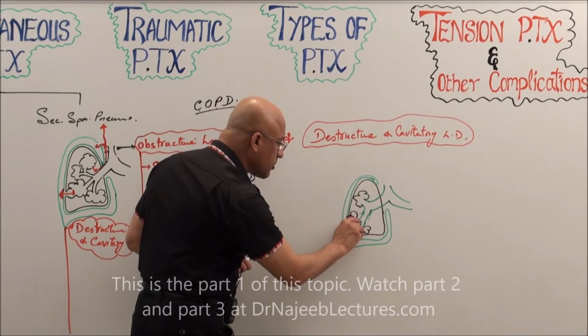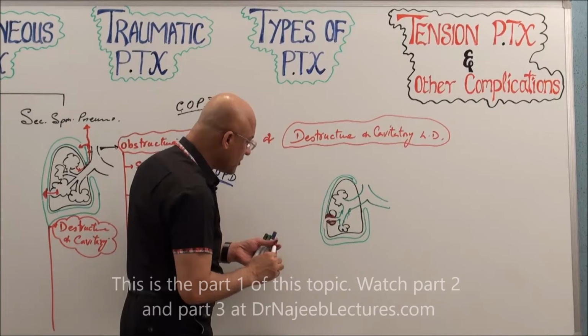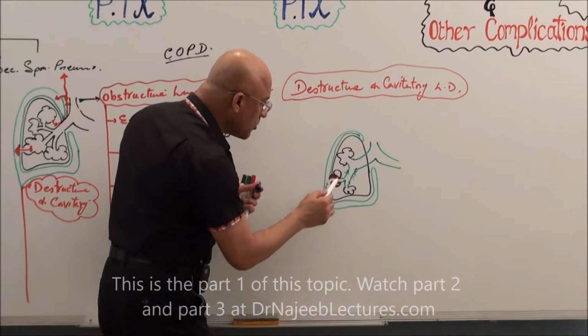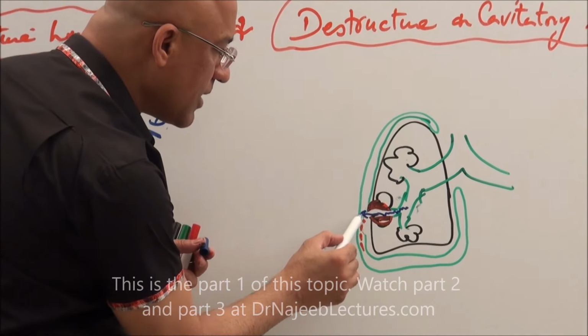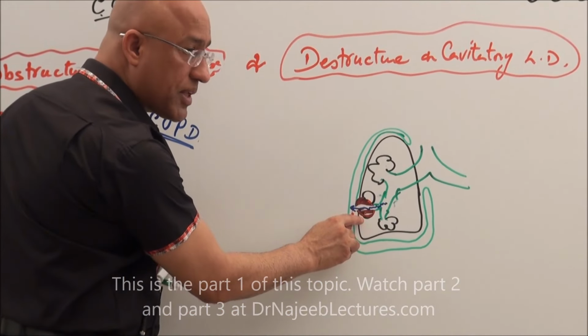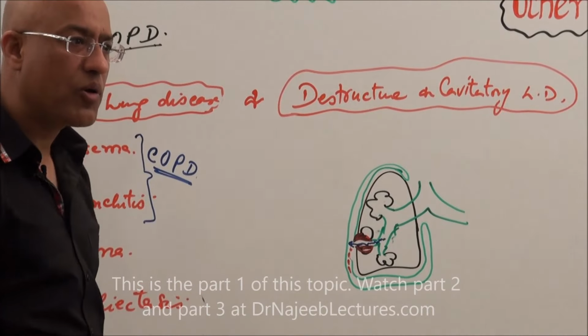If this abscess ruptures and drains into the pleura, then air can move from the bronchus, from the airway, passing through the pathological tissue's opening and directly opening into the pleural cavity.